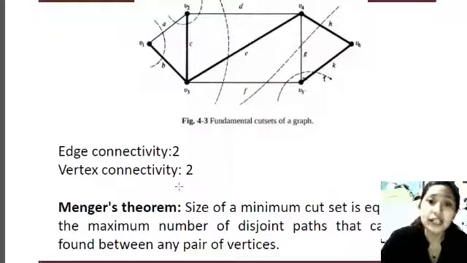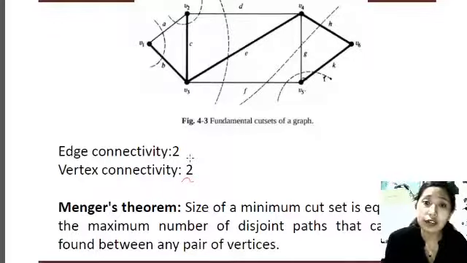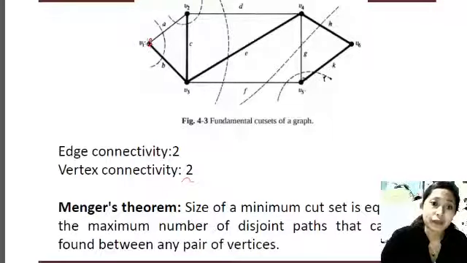Now we will talk about vertex connectivity. Vertex connectivity, as I said, is the removal of the minimum number of vertices that will make your graph disconnected. So let us see this. Suppose you remove this vertex V1, then what will happen? Its incident edges will also be removed.